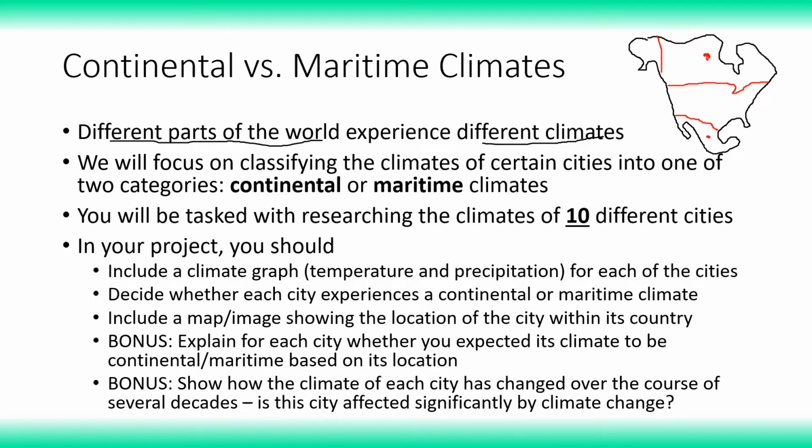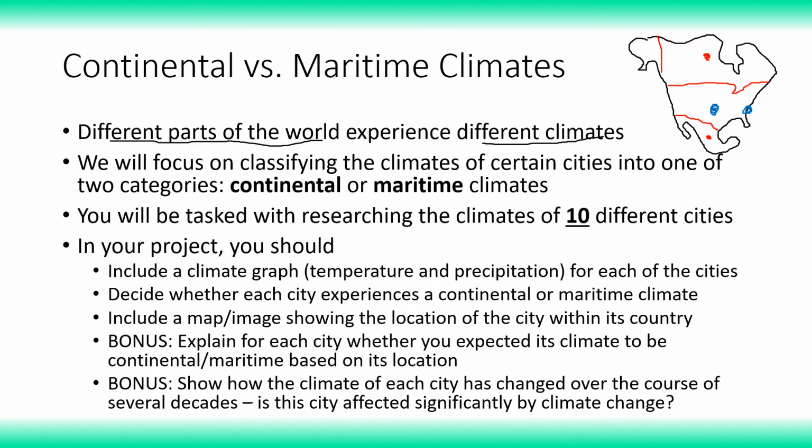I think you could easily tell that a city up here in Canada is going to have a different climate than a city down here in Mexico. But what people might not realize quite as easily is that a city here and a city here will experience different climates.